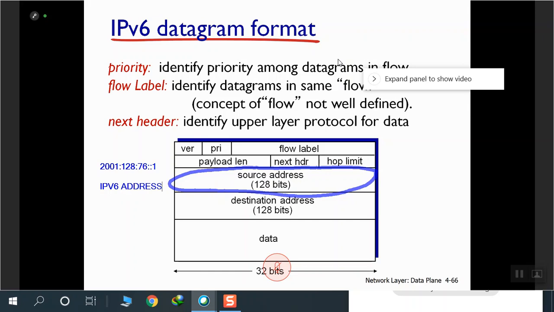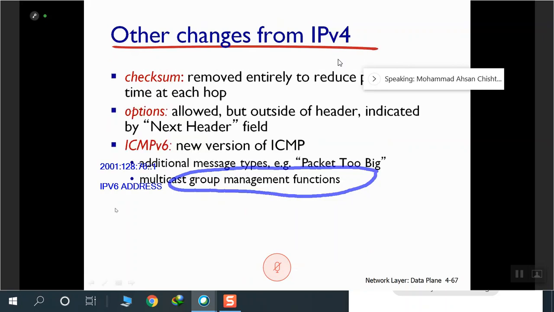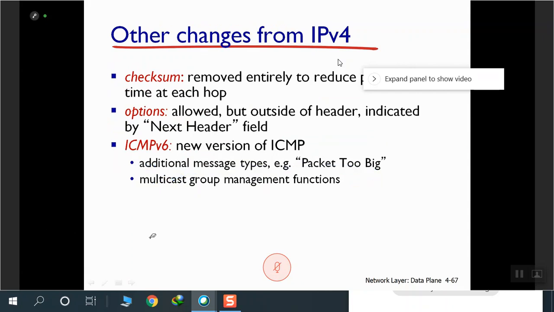I'll give you a comparison table. I think that would help us rather than going through here one by one. You can then check what the differences are between the two packets, that is IPv4 and IPv6.